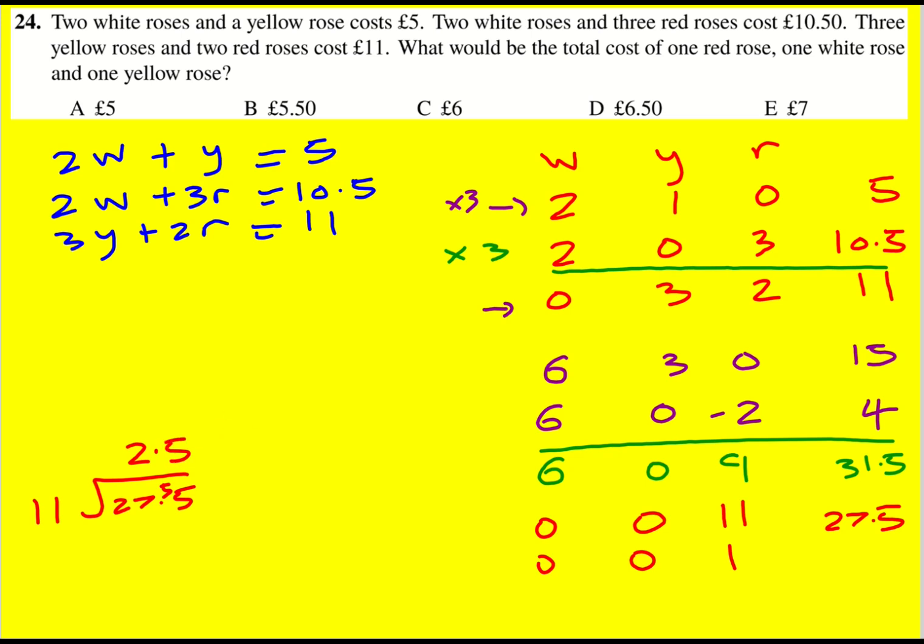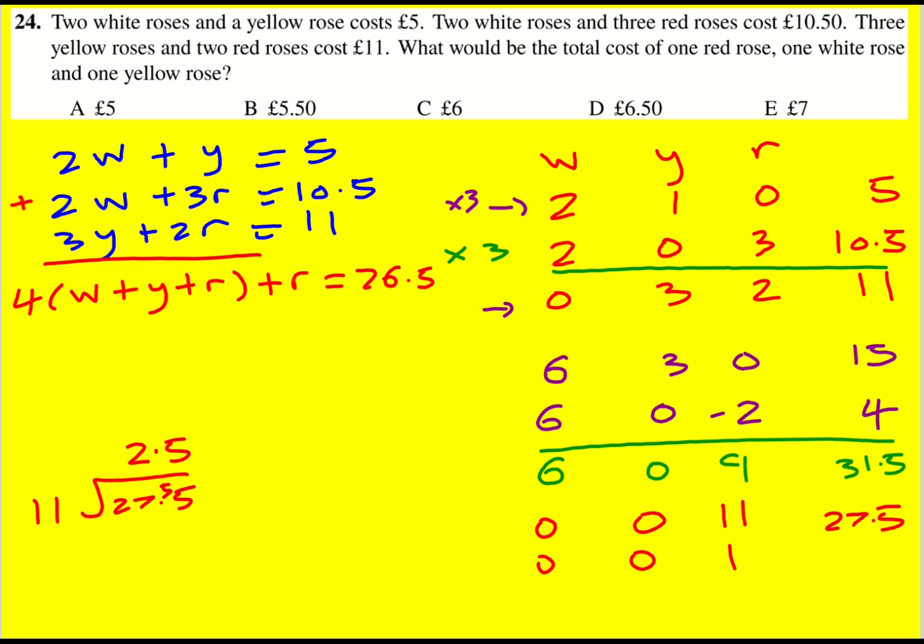And I think I'm pretty much there because now if I add all of these together like I wanted to do at the start, I'm going to get 4 lots of W plus 4 lots of Y plus 4 lots of red, but just this extra red at the end, and that will equal 26.5.